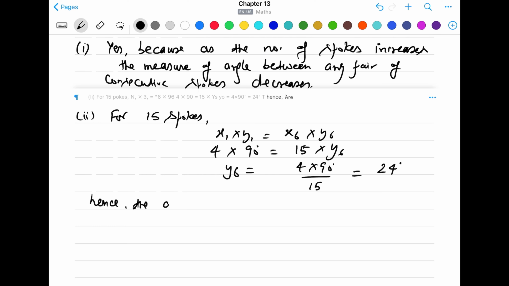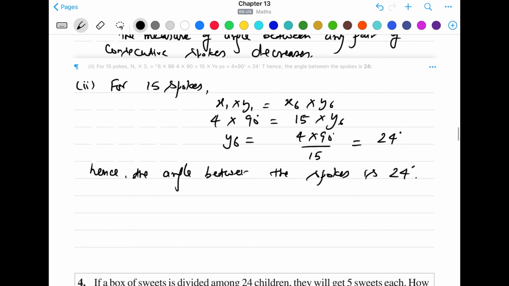Hence the angle between these spokes is 24 degree.